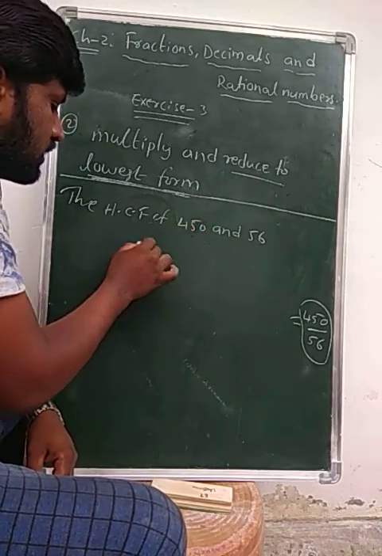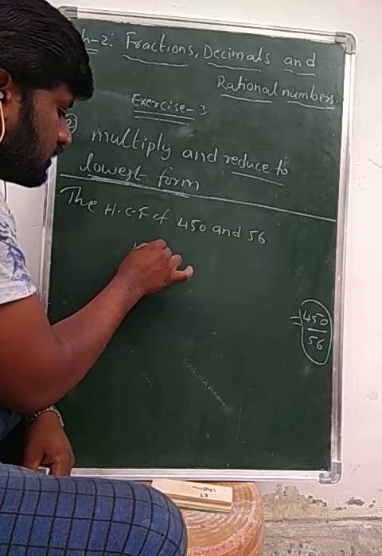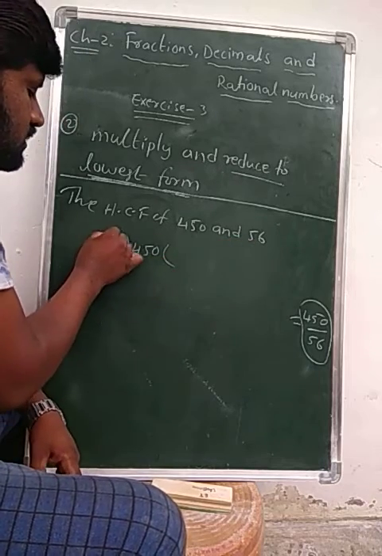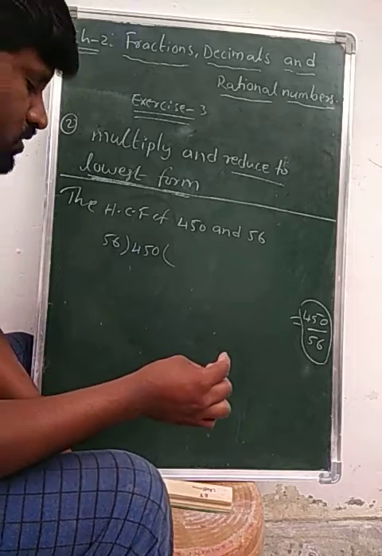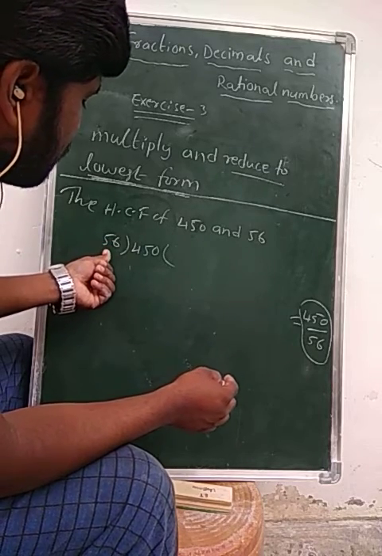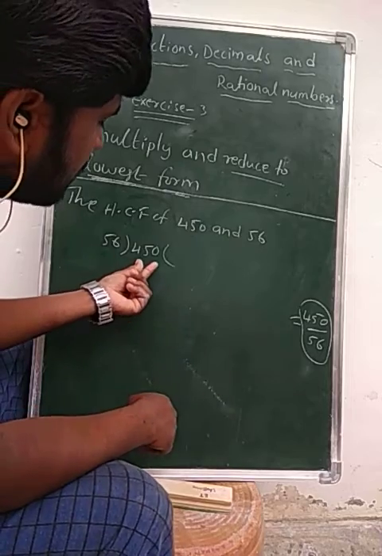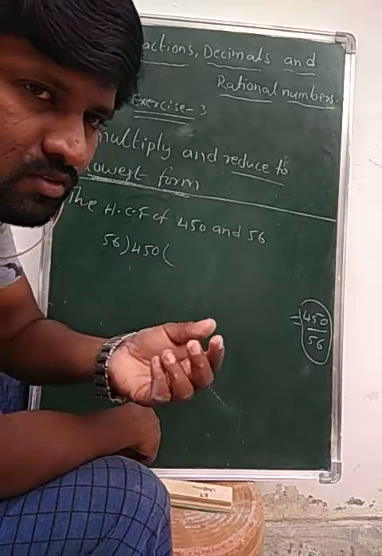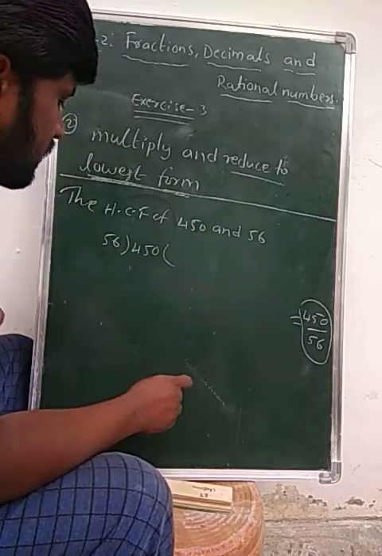I'm dividing the bigger number 450 by 56. Okay, so you need to take the multiples of 56 which is exactly equal to 450 or which is very close to 450.